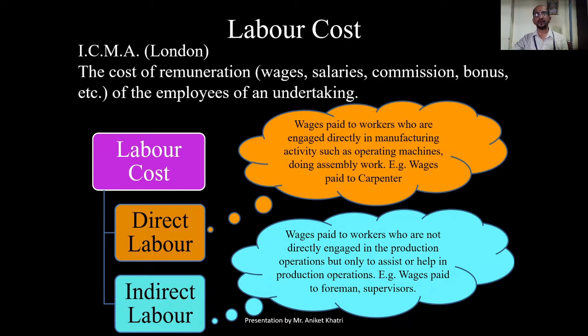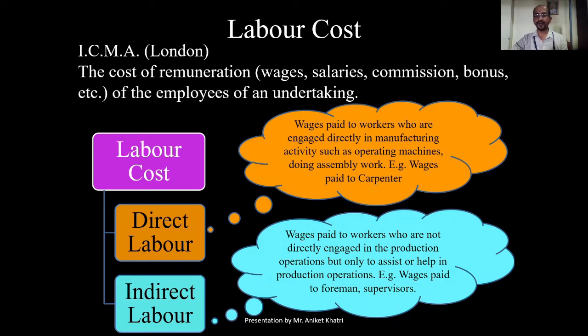For direct labor, we can give an example: wages paid to the carpenter. In the earlier video, in material cost, we saw one sofa set. Converting the raw material used in preparation of the sofa, that is wood, cloth and nails, into a sofa set requires a specialized, skilled person, and that is the carpenter.